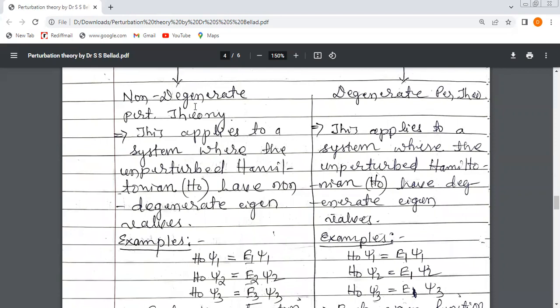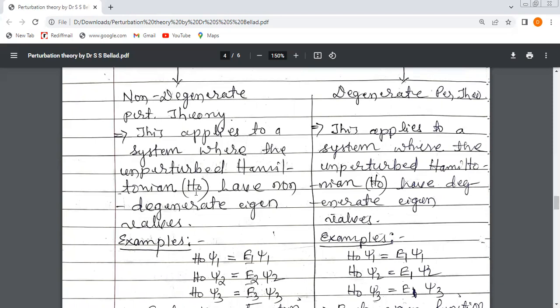So this non-degenerate perturbation theory applies to a system where the unperturbed Hamiltonian has non-degenerate eigenvalues. Be careful here, it is H naught. As I told, H is equal to H naught plus H dash.